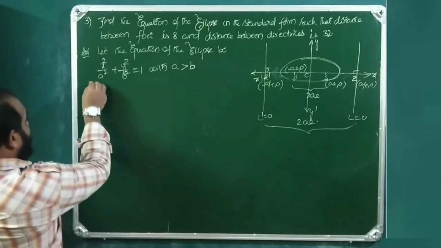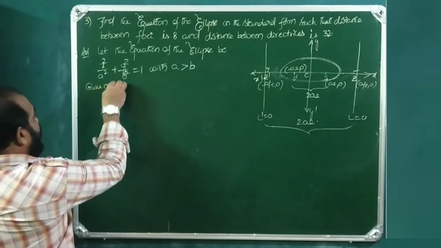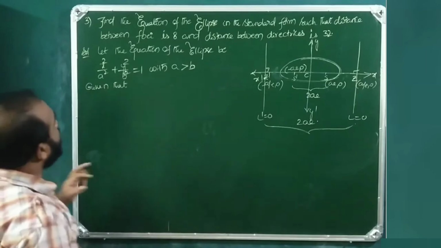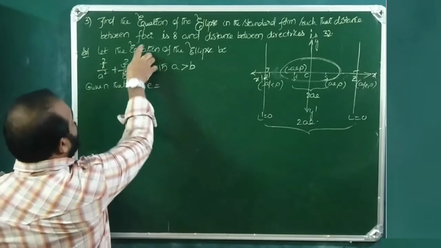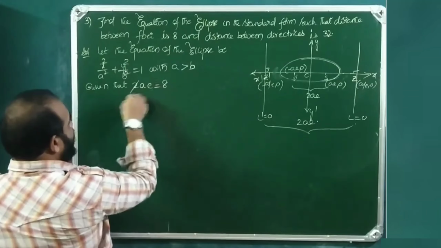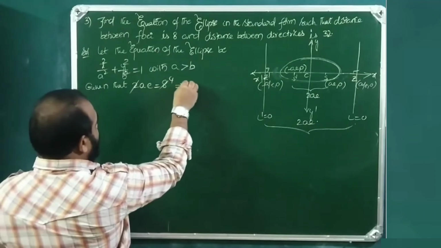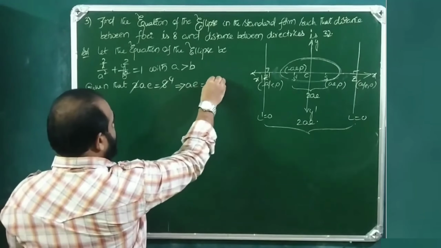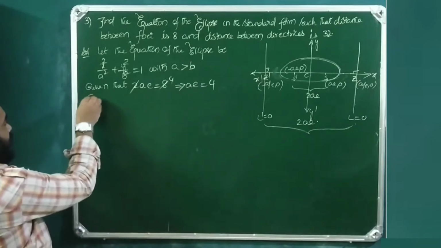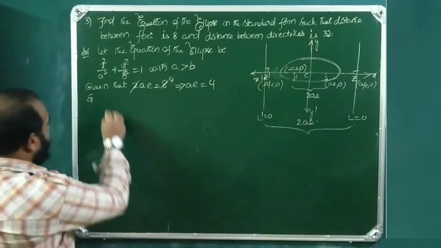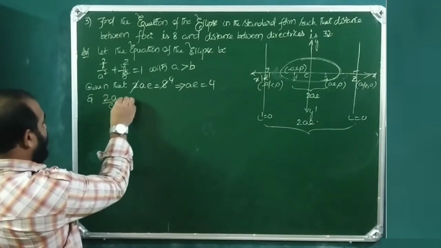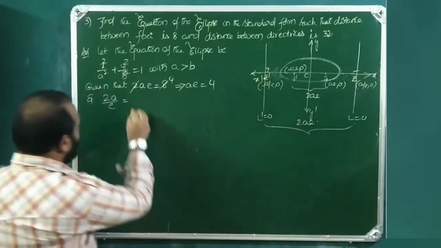So given that the distance between the foci, 2AE, is equal to 8, from this, AE is equal to 4. And the distance between the directrices, 2A by E, is equal to 32.